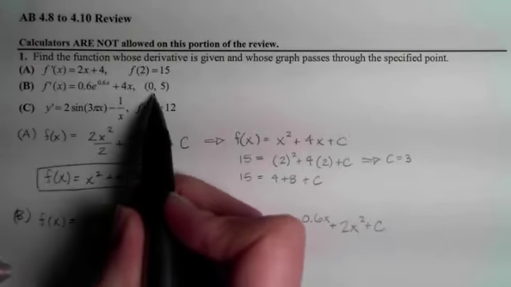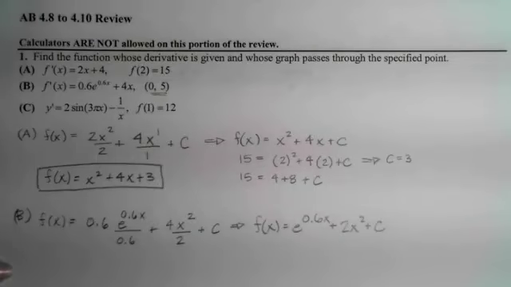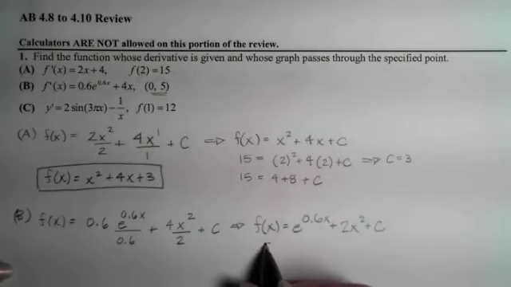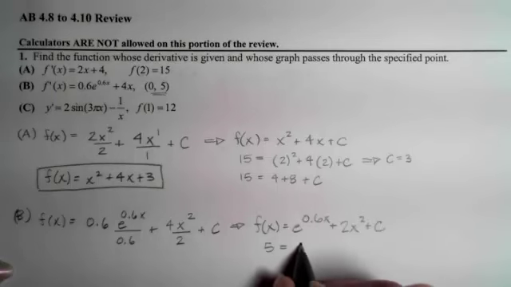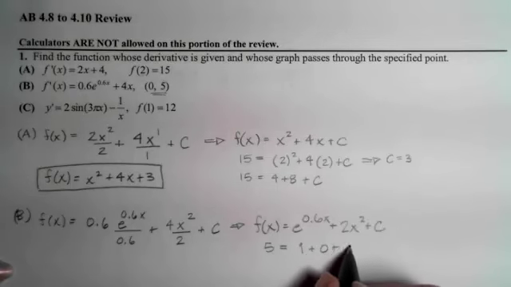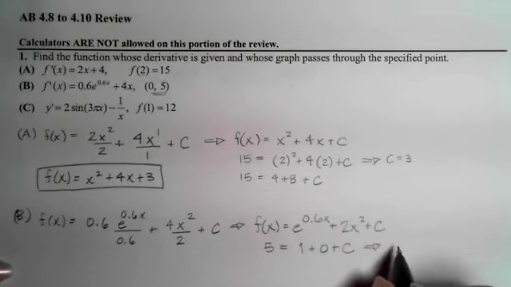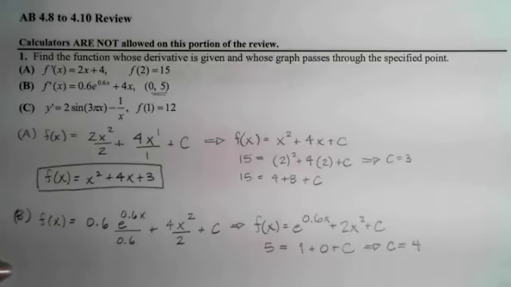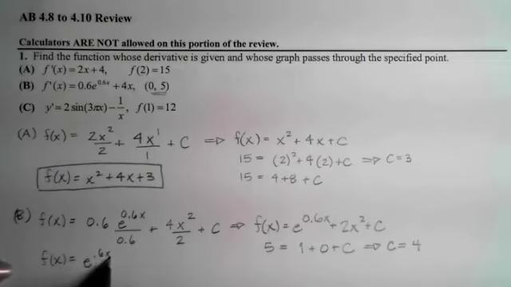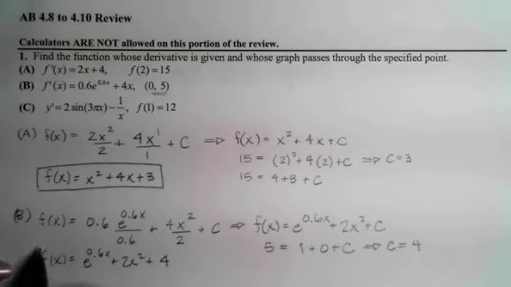Now we're ready to use our point, which is when I plug 0 in, I get a 5 out. So if I plug in 0, I'll get a 1 plus a 0 plus a c. So that means my c is 4. So my final answer, f of x, will be e to the 0.6x plus 2x squared plus 4.